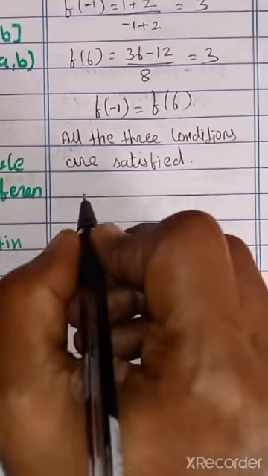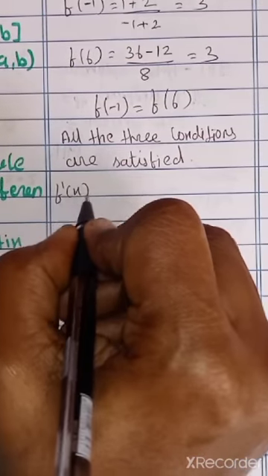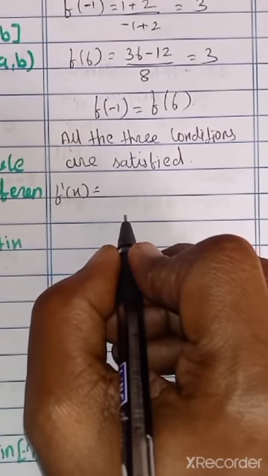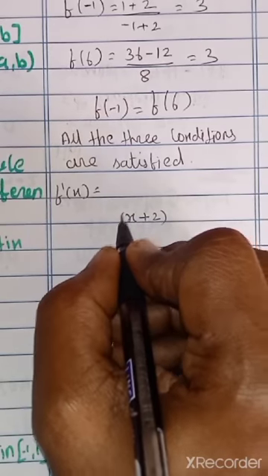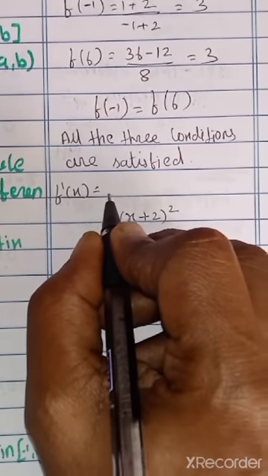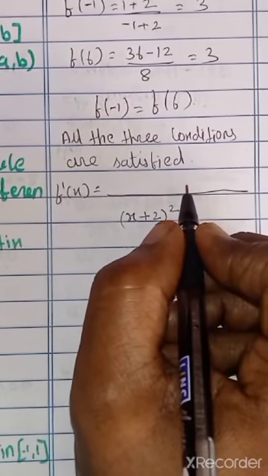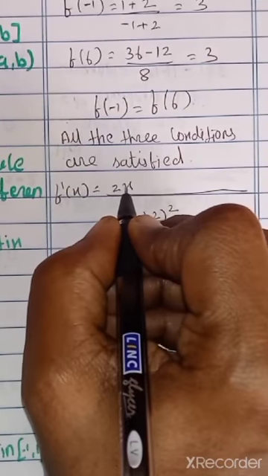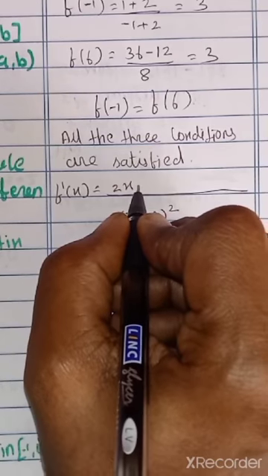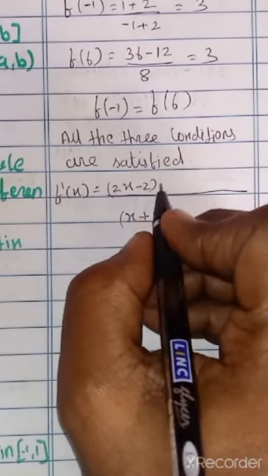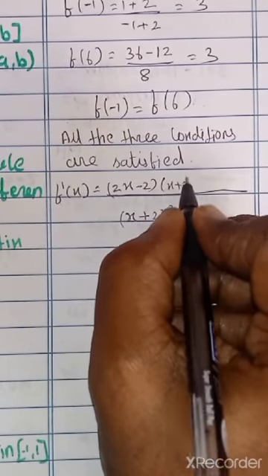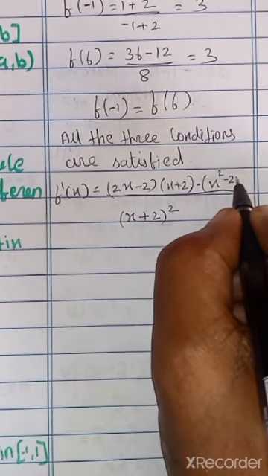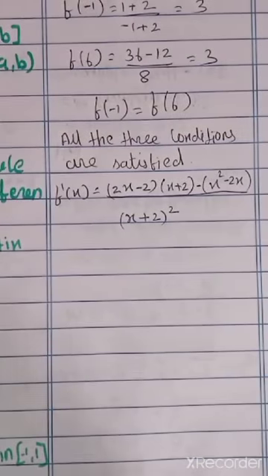So if all the three conditions are satisfied, next what we have to find out? f dash of x. Here which method can we use? U by v method, correct? So if you take u by v, the denominator becomes squared. So x plus 2 the whole square in the denominator. Numerator: x square differentiated is 2x, 2x differentiated is 2, so minus 2, into x plus 2, minus the first term as it is, x square minus 2x, into the second term differentiated, which is 1, that no need to write.